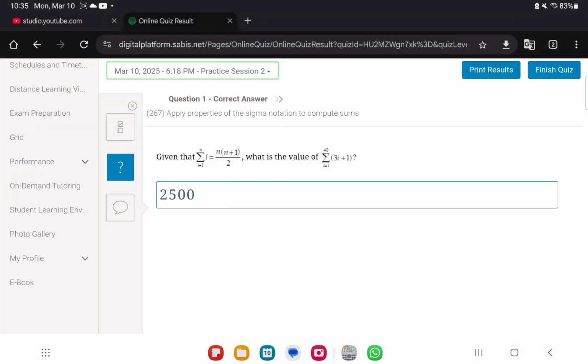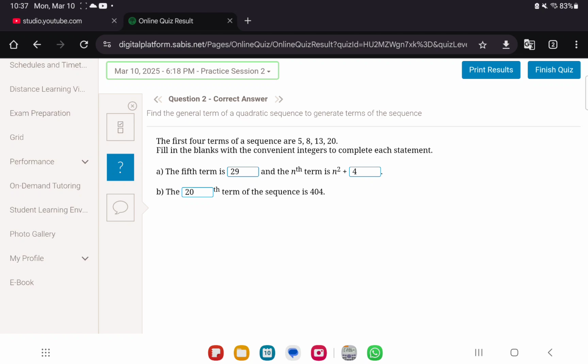Now, second question. For the second question, the first thing we need to identify is whether this sequence is arithmetic, geometric, quadratic, cubic, or whatever.